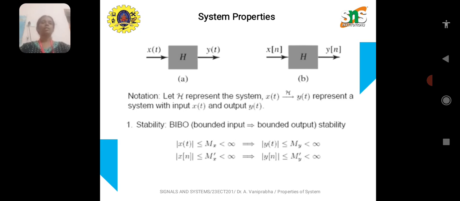A system has to provide a stable output for a stable input. Stability is often referred to as BIBO, bounded input, bounded output. As long as the value is less than infinity, the system is considered to be a stable system.